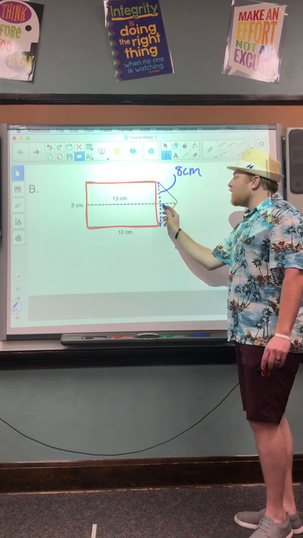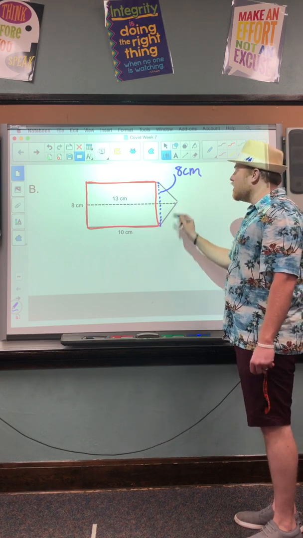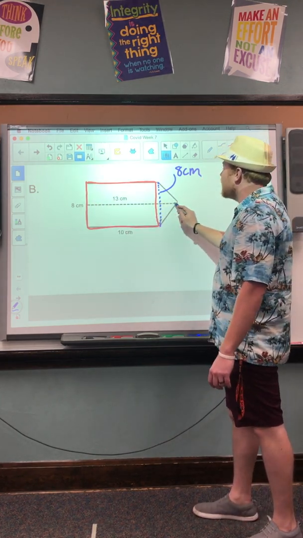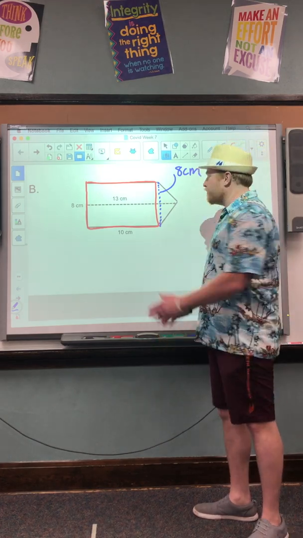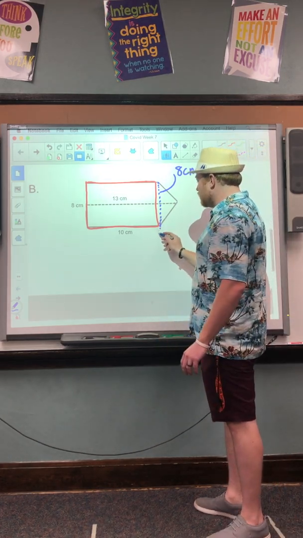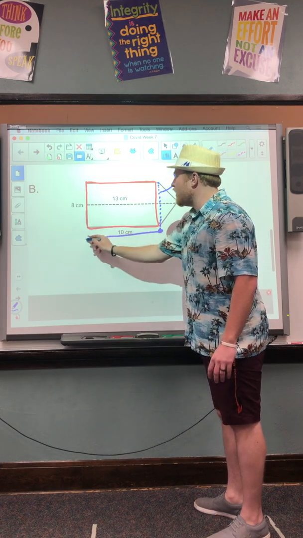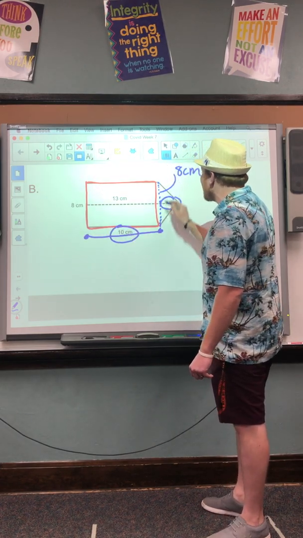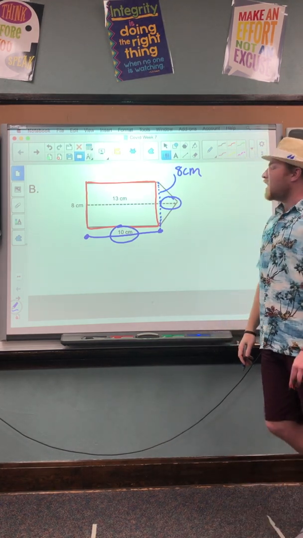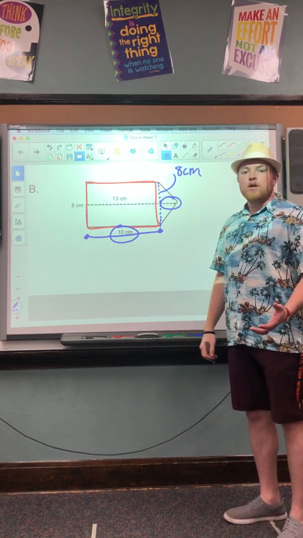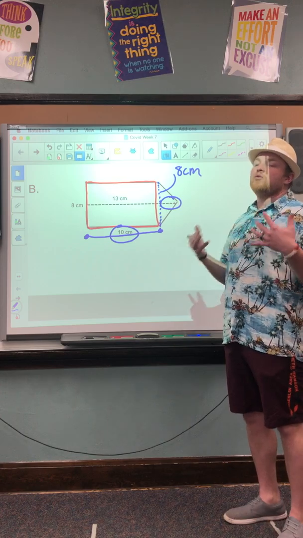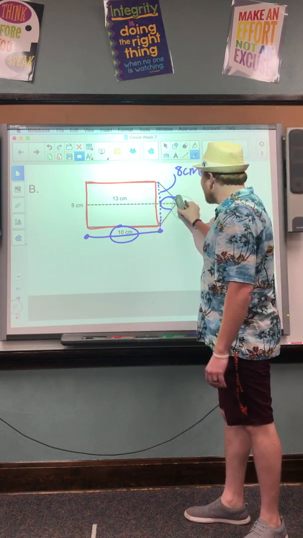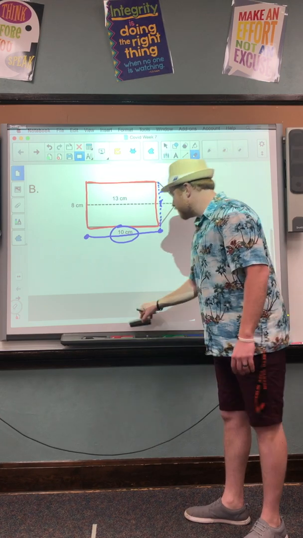Now you have to figure out the height. To figure out the height, you know that this whole black dotted line is 13 centimeters. From this point to this point, you know it's 10 centimeters. So you need to figure out what's left of that dotted line. What could you do? You have to subtract 13 minus 10, which gives you 3 centimeters.